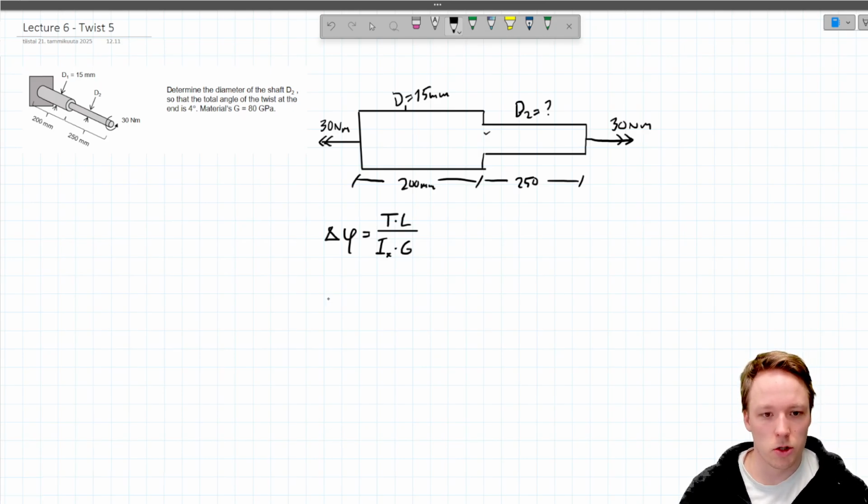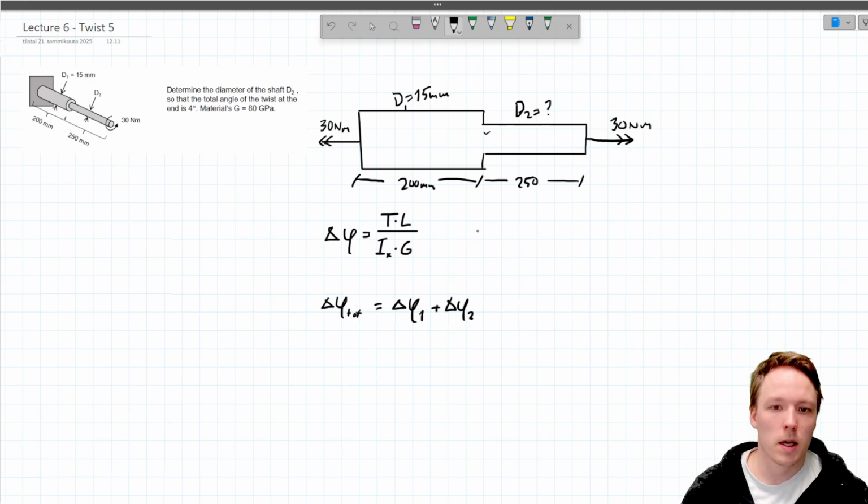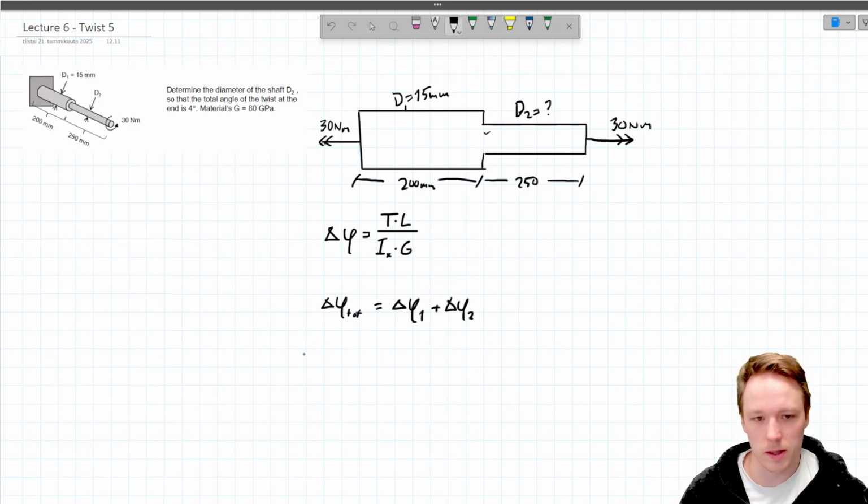So the total change of the angle is the change of the angle in section 1 plus the change of the angle in section 2. In this case, we have all the information needed to calculate the change of the angle for section 1, so we can calculate that one first.